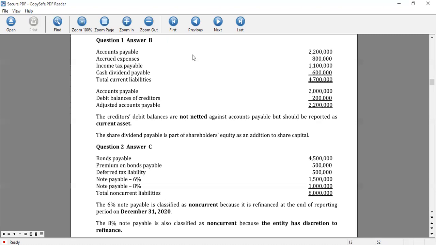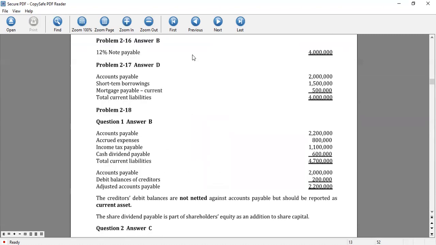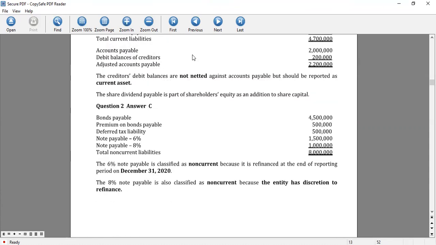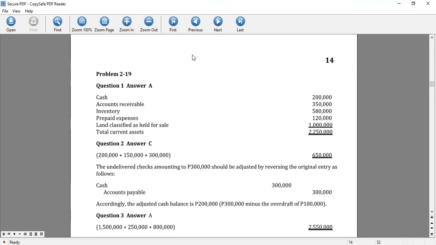The 6% note payable is classified as non-current because it is refinanced at the end of the reporting period, while the 8% notes payable is classified as non-current because the entity has discretion to refinance. Okay, so in problem 2-18, the answer in question number 1 is B. Question number 2 is C.